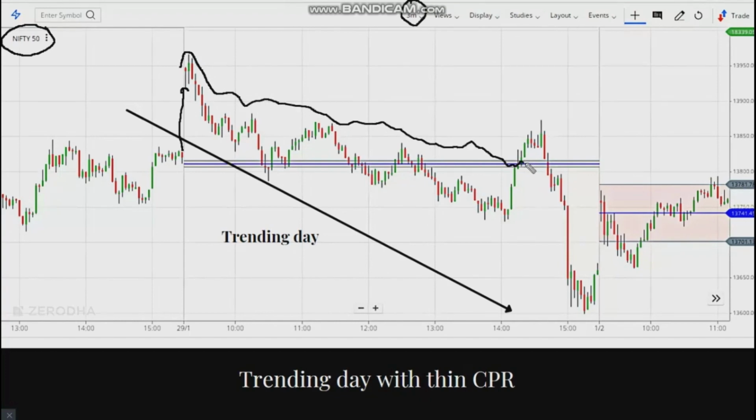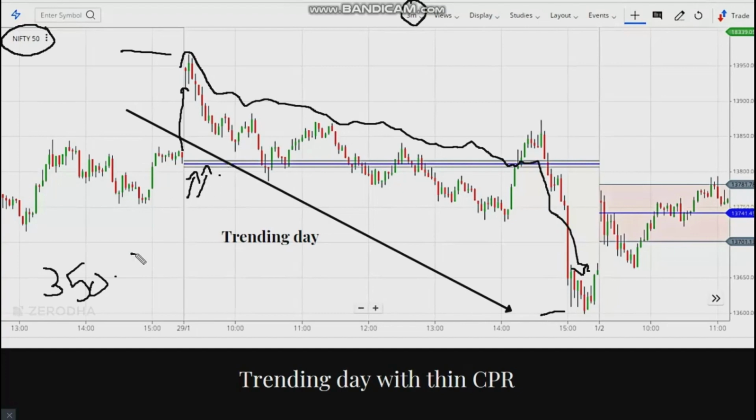It was going down, and look at the fall from here till here, almost 350 points fall. And we took this information in the morning, with a probability, with a thin CPR.